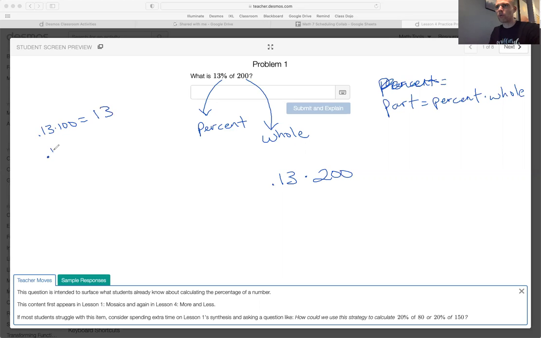And so 0.13 times 200 should just be double, right? Because instead of times 100, I'm doing times 200. So I'm going to double this 13 to 26. So I think that's our answer here, 26. It says submit and explain. When you explain, you can just talk about the work that we just did together.